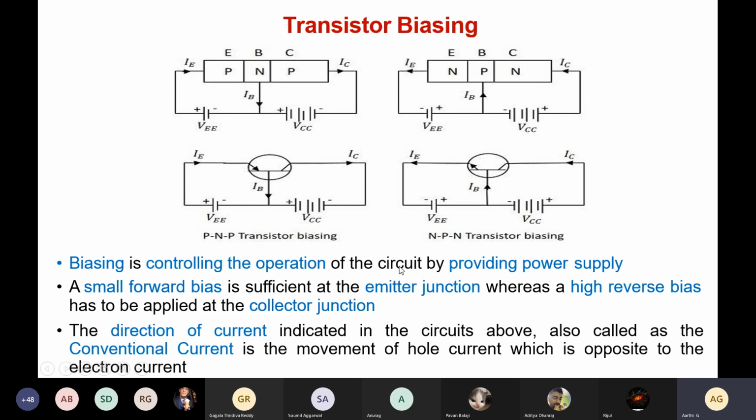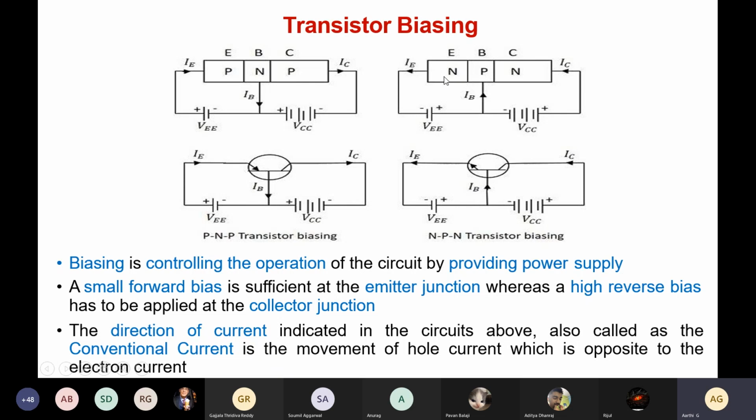Biasing is controlling the operation of the circuit by providing the power supply. A small forward bias is sufficient at the emitter junction, whereas a high reverse bias has to be applied at the collector junction. The direction of the current indicated in the circuit, also called the conventional current, is the movement of the hole current, which is opposite to the electron current. For the PNP, the direction is indicated from emitter to collector, which indicates the hole current.